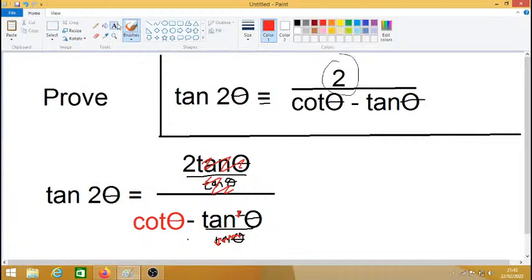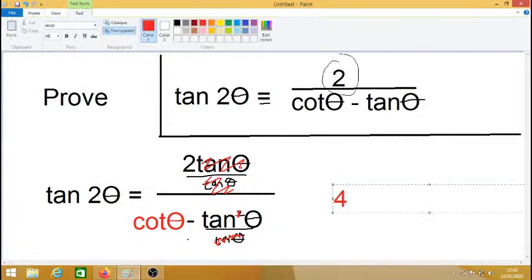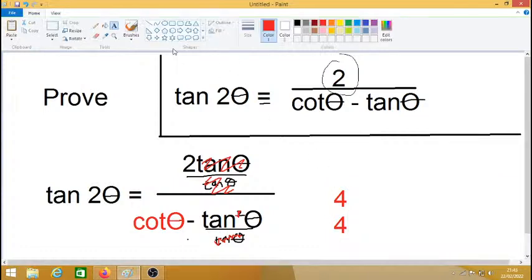Bit like saying 4 squared divided by 4. 4 squared is really 4 times 4, so one of those 4s will cancel with the 4 at the bottom. Similarly, tan squared theta divided by tan theta is just the second tan theta. One of the tan thetas at the top cancels with the one at the bottom.